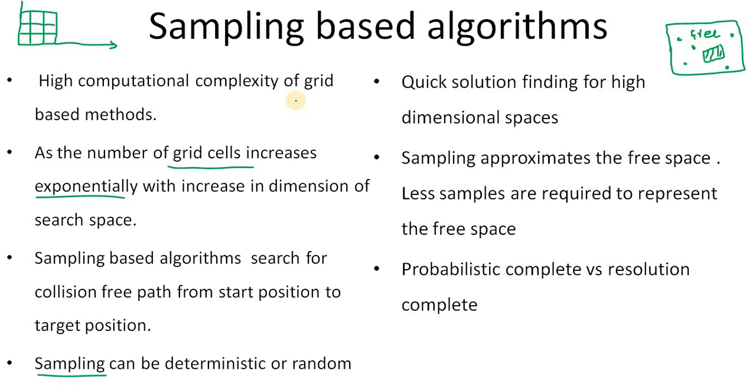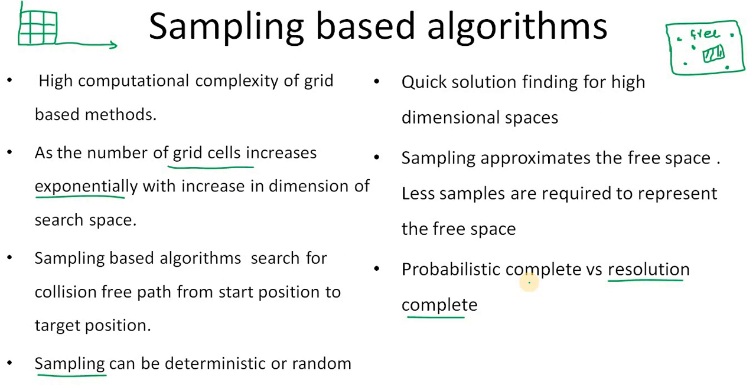Probabilistic complete means that if there are enough samples available, or if the samples approach infinity, then there are more chances that your algorithm will find the solution.